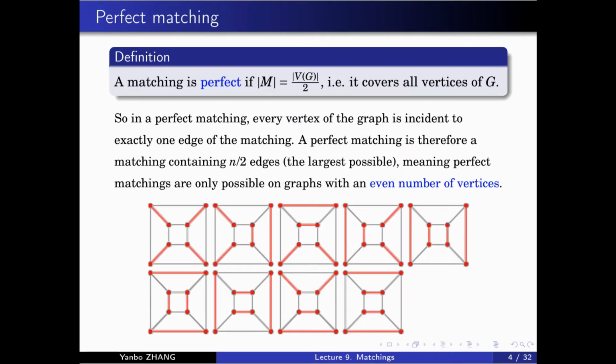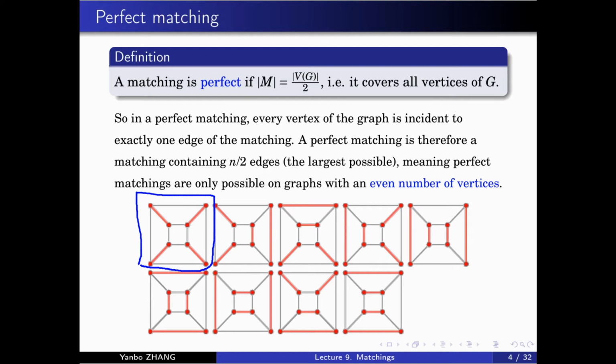The second definition is about perfect matching. A matching is perfect if the size of M equals half of the order of G. That is, it covers all vertices of G. This graph is a cubic graph of order 8.